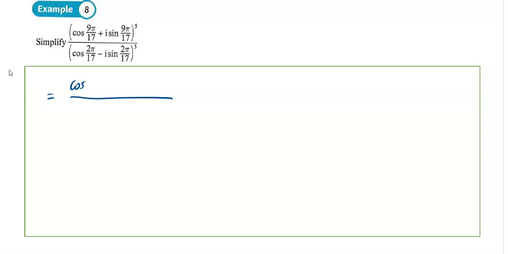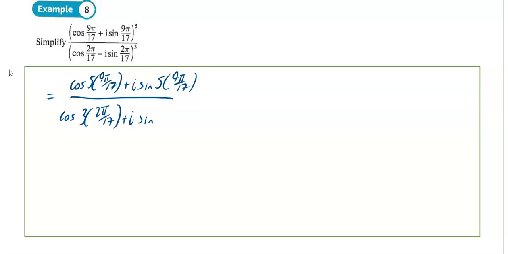So it's going to be cos, I'll show my steps, 5 times 9 pi over 17 plus i sine of 5 times 9 pi over 17, and your bottom line is going to be cos of 3 times 2 pi over 17 plus i times sine of 3 times 2 pi over 17.